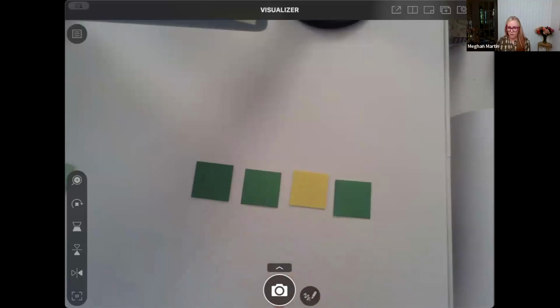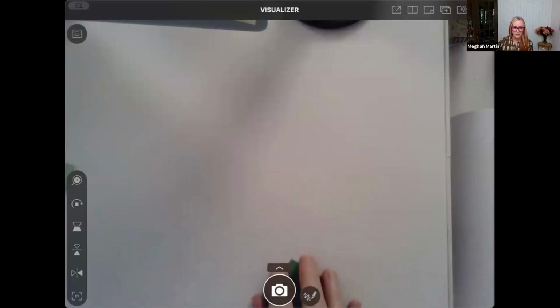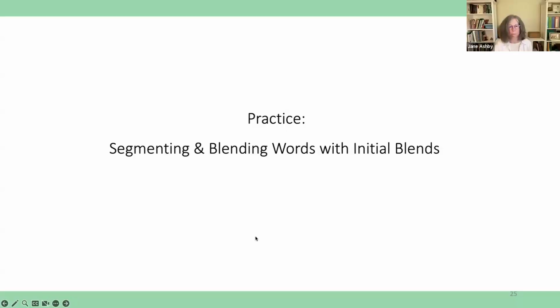Spot. There you go, correct. Bring those back. Right. So if you have questions about that, we'll be happy to talk about that more in the discussion. Right. So that's the unified routine where they're doing segmenting and blending for each item.